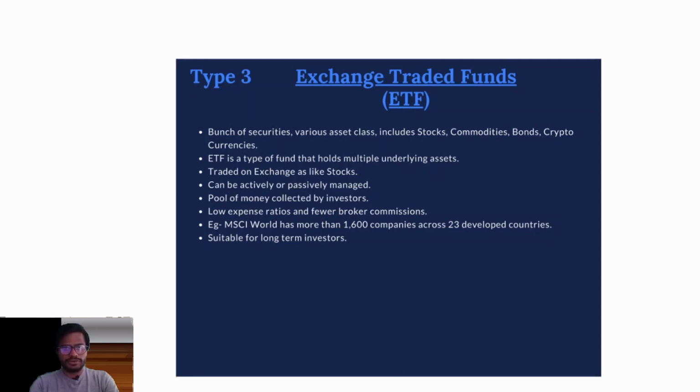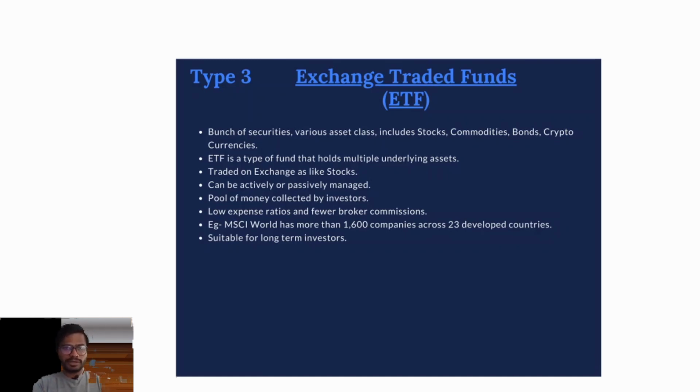The investment amount they receive from the investors will be distributed across these 1600 different companies. This fund will be created and listed on the stock market. So that is the exchange traded fund, which has multiple underlying assets.